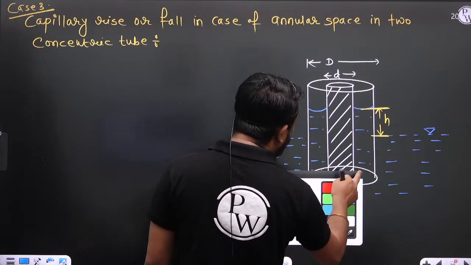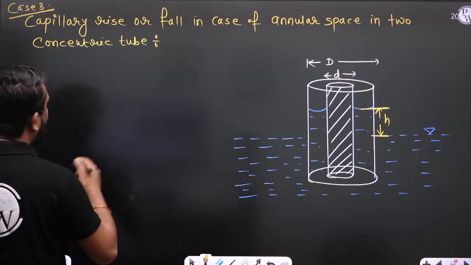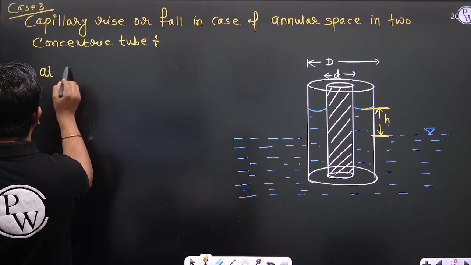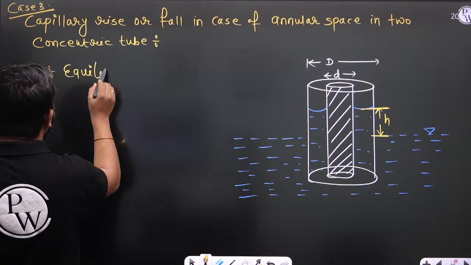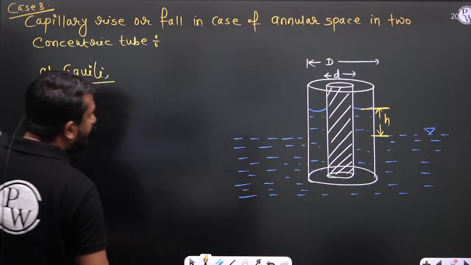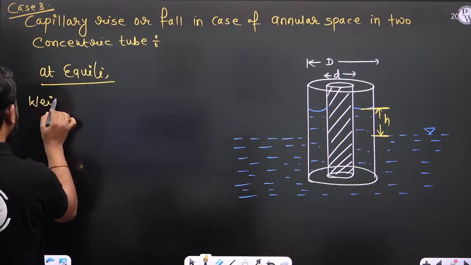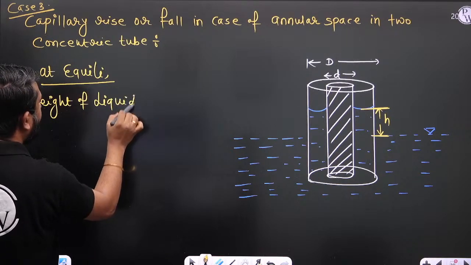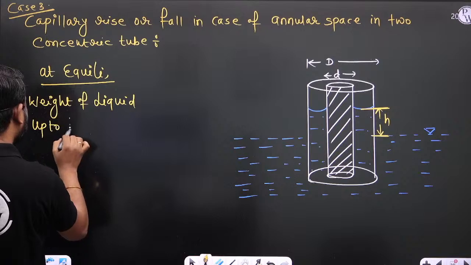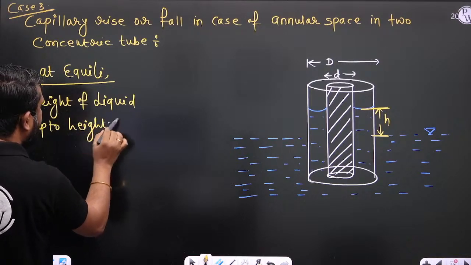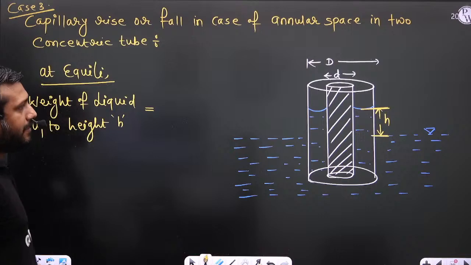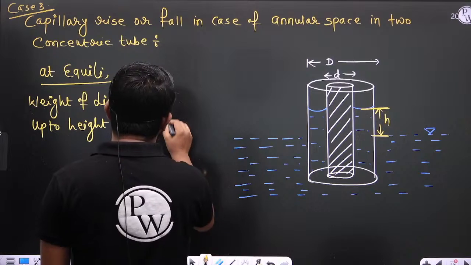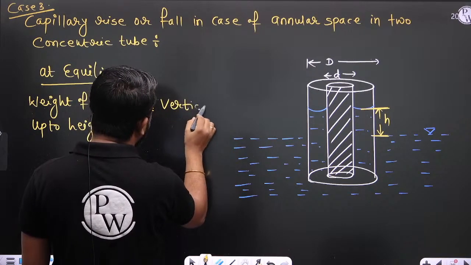So for calculation of h, again use the equilibrium equation. So at equilibrium, we can write that the weight of liquid or water, the weight of liquid up to height h, is balanced by the vertical component of the surface tension force.